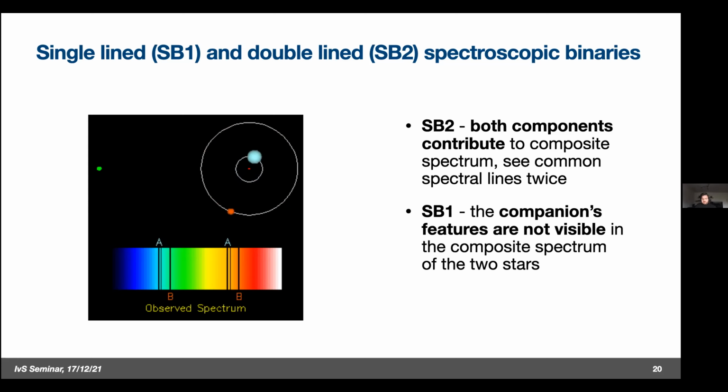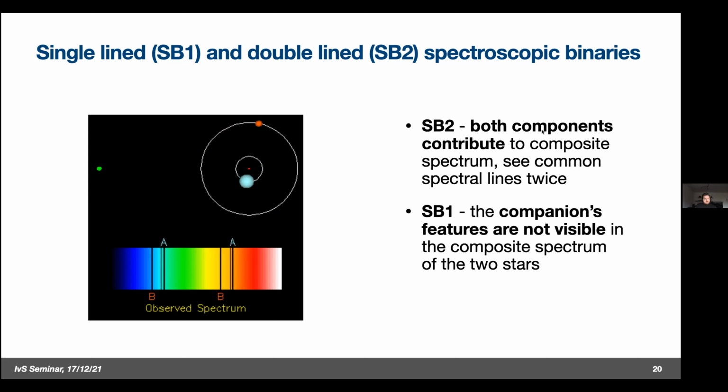However, sometimes you can't see the secondary component, and we call this a single line spectroscopic binary, or an SB1. The secondary component can be missing for a variety of reasons. It could be down to, for example, the secondary being much fainter and much smaller, or it could be rapidly rotating, which means that these lines broaden, and as a result, they become very hard to distinguish when you are visually looking at the spectra.